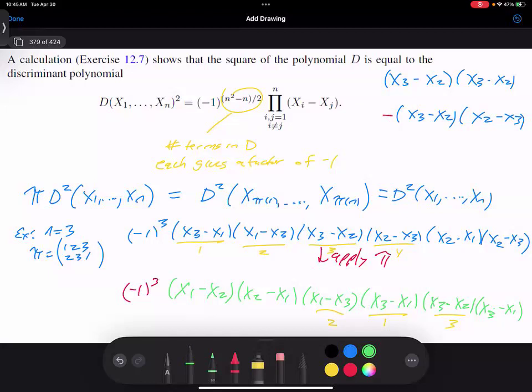Where am I making my mistake? Okay, I've got x2 minus x3 twice again. I made a mistake in both parts. Both indices were wrong. It's x2 minus x1. There you go. And now when I fix that, then it should become x3 minus x2. Good.